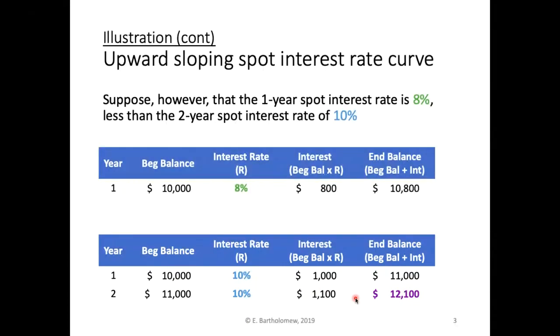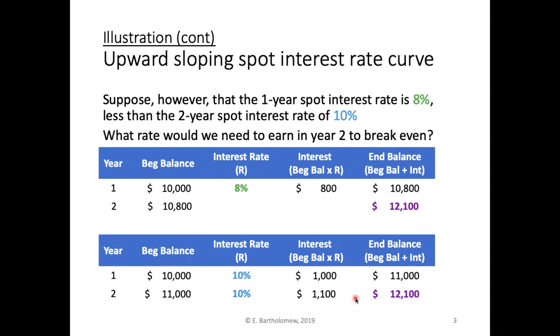Now, suppose that the 1-year spot interest rate is lower, 8%. So what rate would we need to earn then in year 2 to break even? In other words, we're getting 8% for the first year in this case, and we want to still end up with 12,100 as we would if we invested at 10% each year. Well, we're starting year 2 with a lower amount, 10,800.